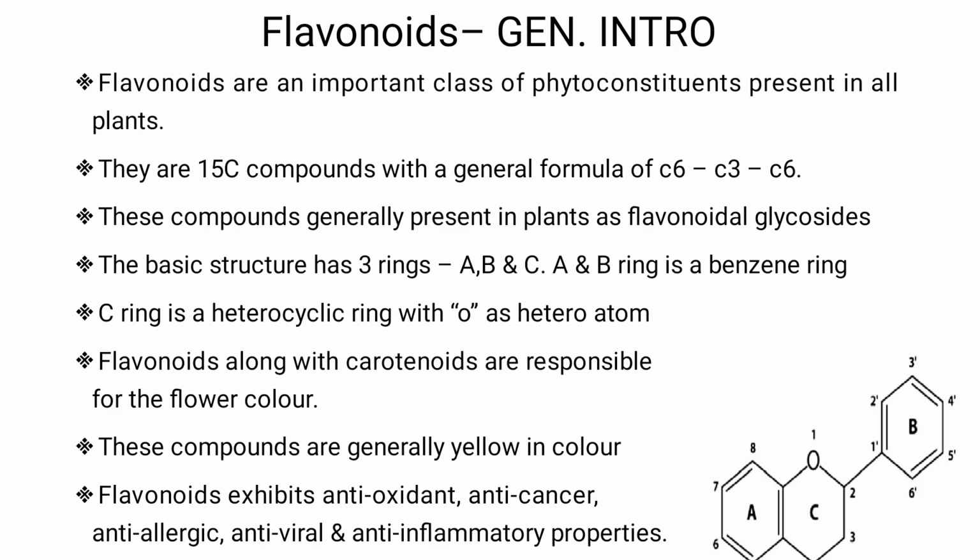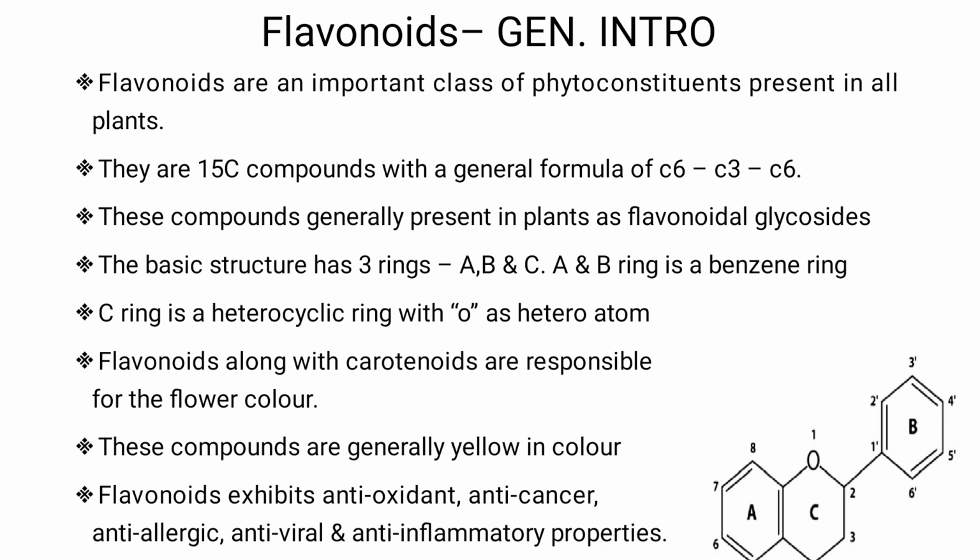Right? So this A ring and B ring is a benzene ring, whereas the C ring will be a heteroatom containing ring. It's a heterocyclic ring. Okay, and oxygen will be the heteroatom.